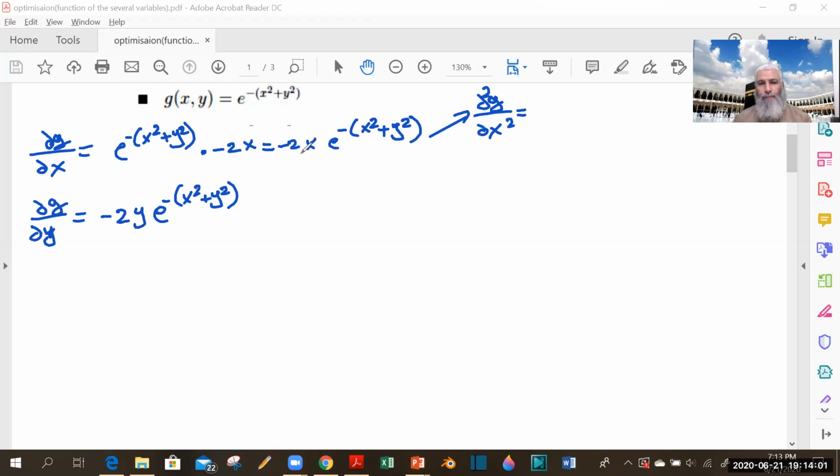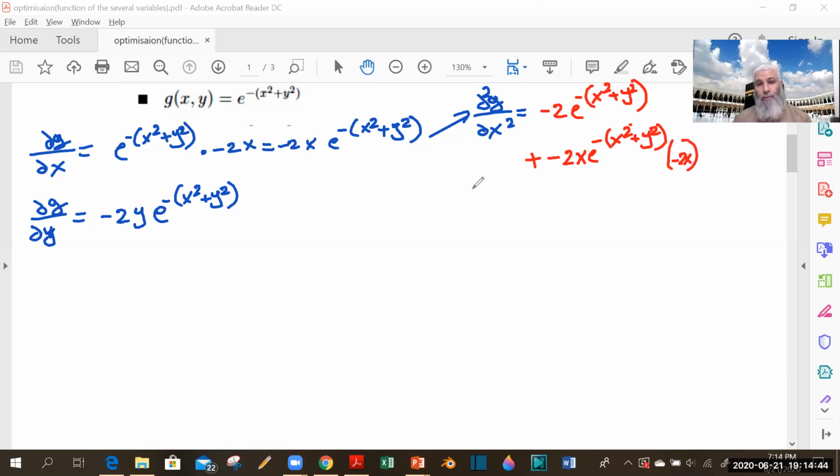It would be the derivative of the first, negative 2 e power negative x squared plus y squared, multiply the second, plus the derivative of the second, which is negative 2x e power negative x squared plus y squared, multiply the first, which is negative 2x.